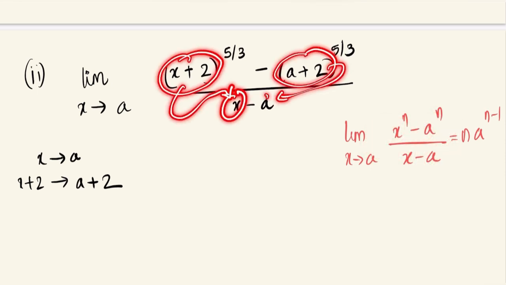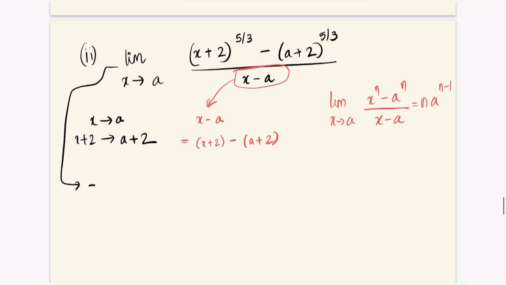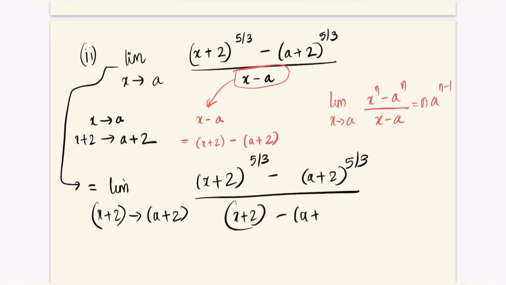Which is also very simple to explain, because x minus a can very well be written as (x plus 2) minus (a plus 2), because the 2 and the minus 2 get cancelled. So now I can rephrase this question as limit x plus 2 tending to a plus 2, (x plus 2) the whole raised to 5 by 3 minus (a plus 2) the whole raised to 5 by 3, upon (x plus 2) minus (a plus 2).